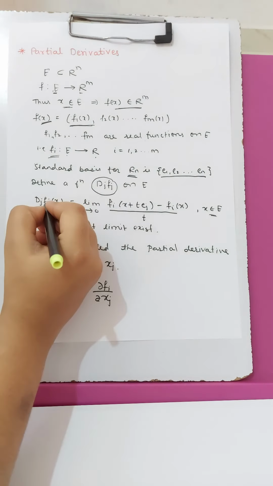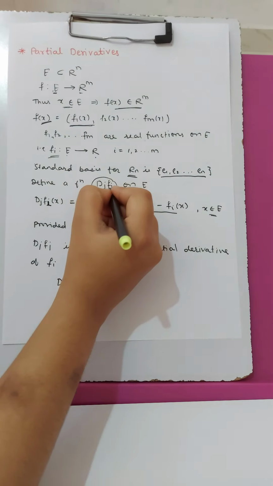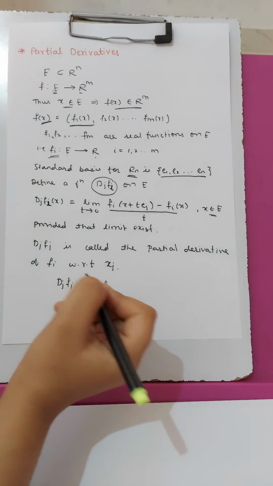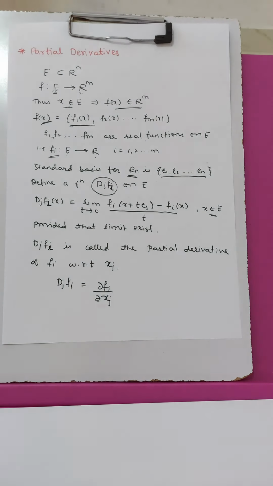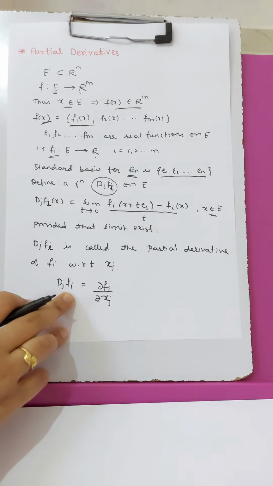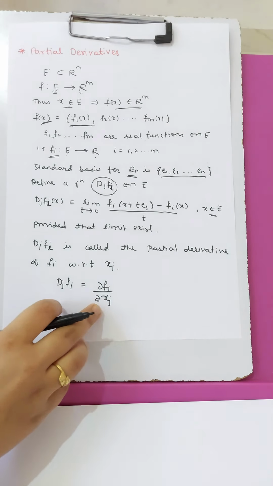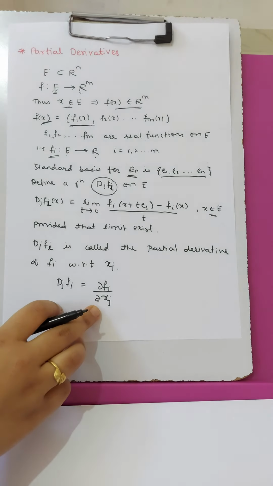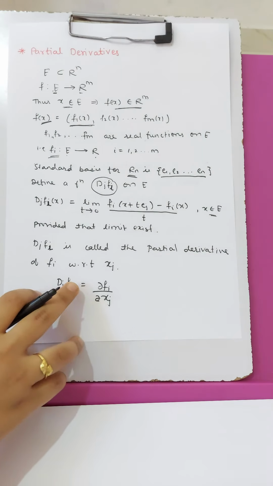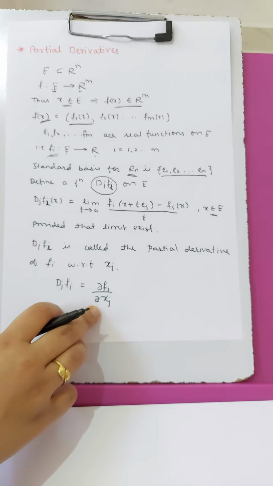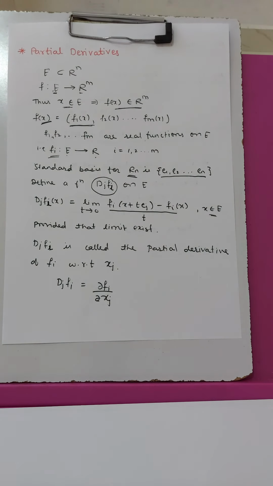This is Dj fi, not fj, okay? Dj fi. So this Dj fi can be written as del of fi upon del of xj, that is the partial derivative of fi with respect to xj. This is the definition of partial derivative.